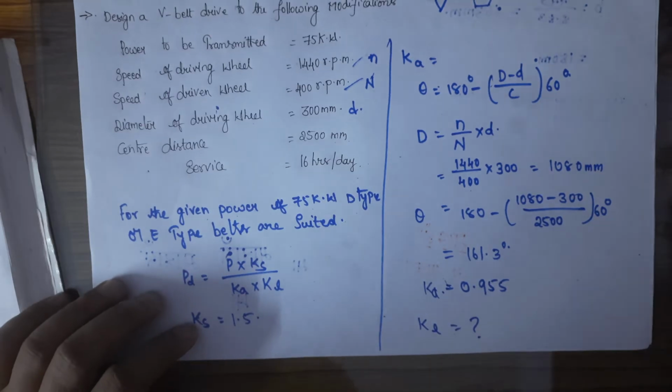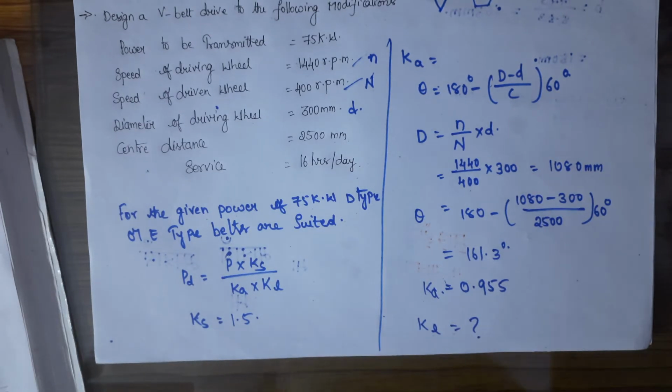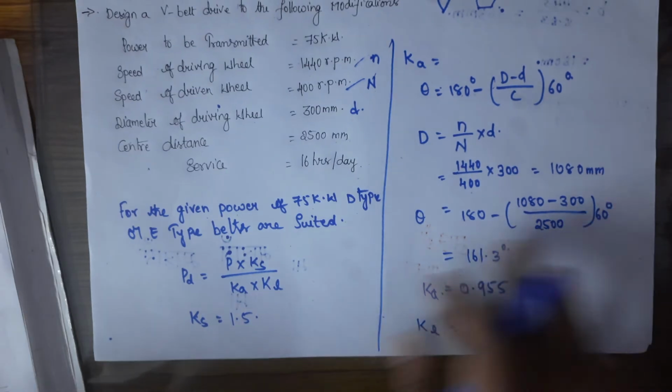The KL value can be found out by the pitch length. For finding the pitch length we have to find out the length of the belt. The length of the belt can be calculated by the open belt drive formula, which can be found in the flat belt drive table.